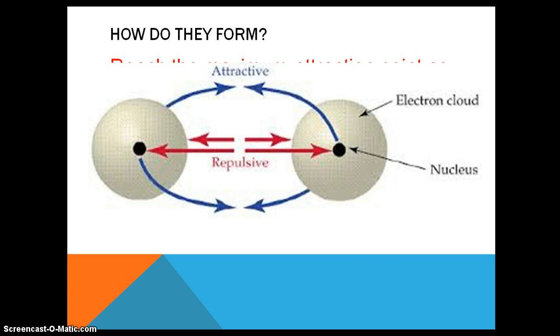So here's a picture of that. Basically you've got repelling forces between the electron areas, but you've also got attractive forces going on, and when these reach a state of equilibrium, or the maximum attracting point, that's when we get the bond.